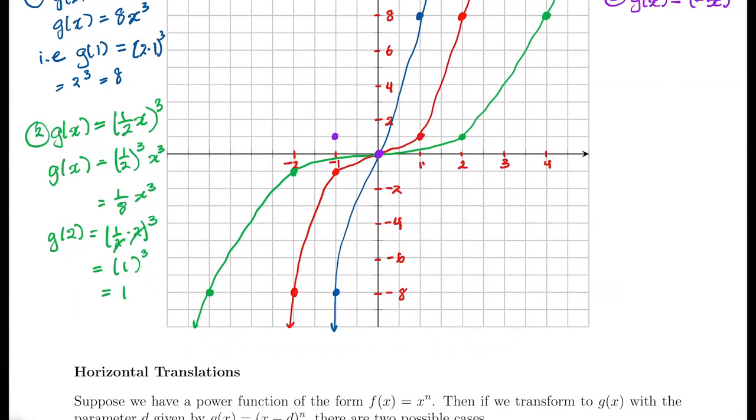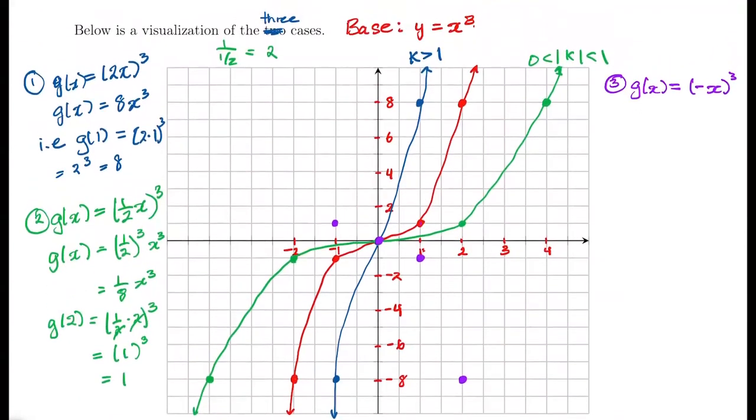Same thing, if we take -1, -1, that's going to go all the way to 1, -1. And same thing for the other points, to -2, 8 and 2, -8 this time. So this is what the reflection would look like now. And there we go. So that's the horizontal stretches and compressions.